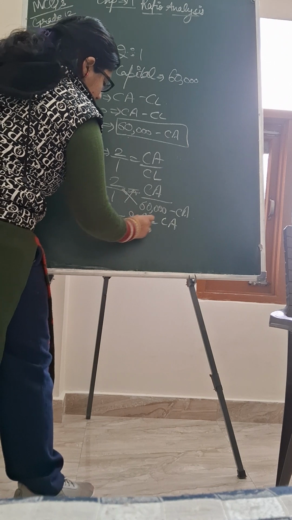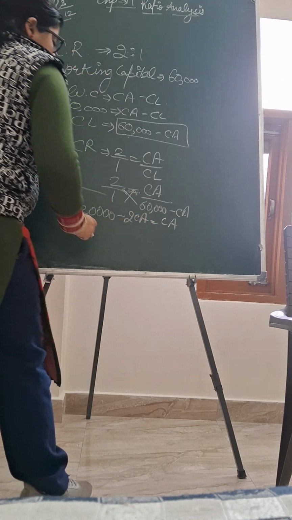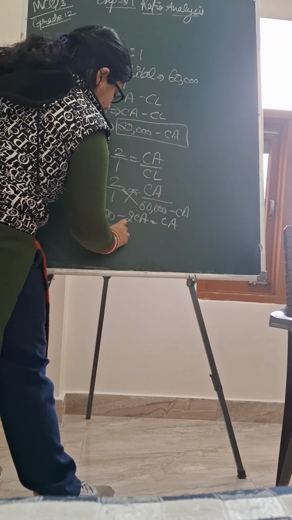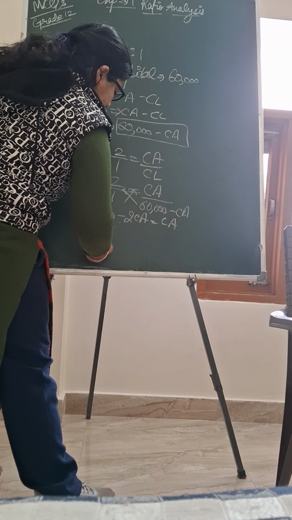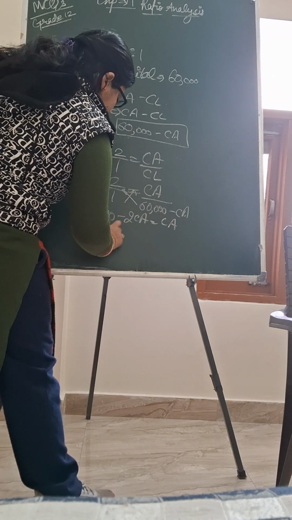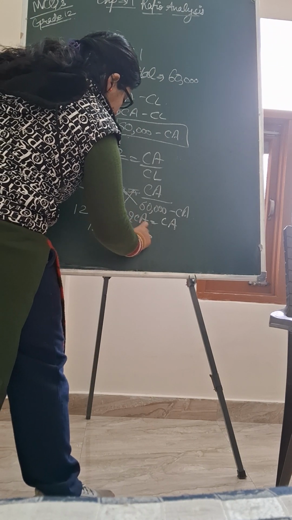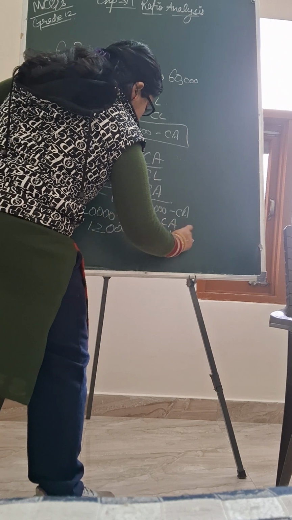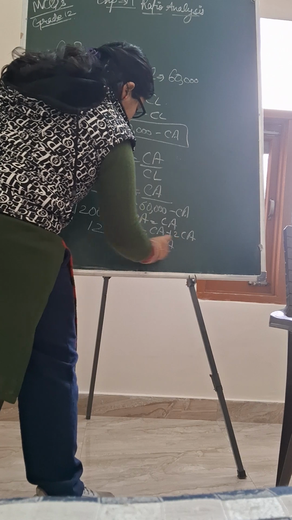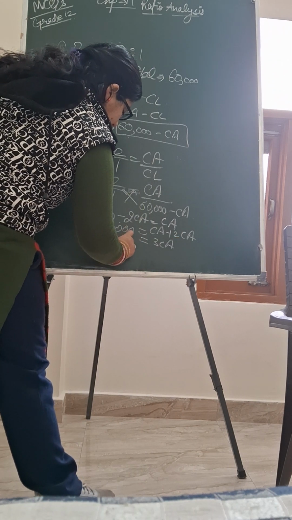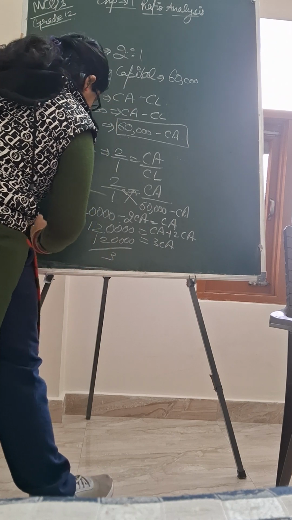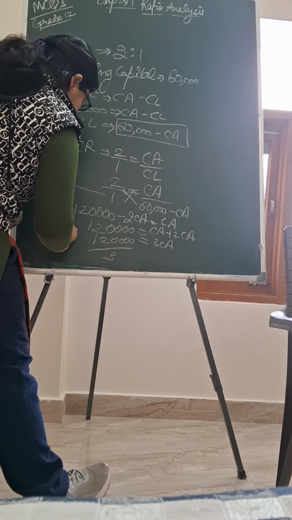Then we will write 1,20,000, CA plus 2CA is equals to 3CA. 3CA is equals to 1,20,000. So we will divide by 3. Current assets is equals to 40,000.